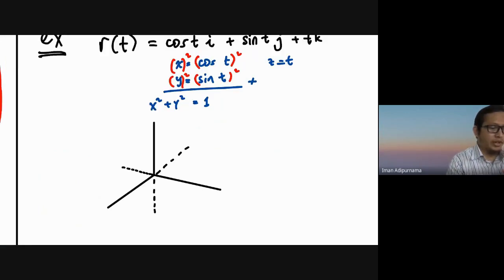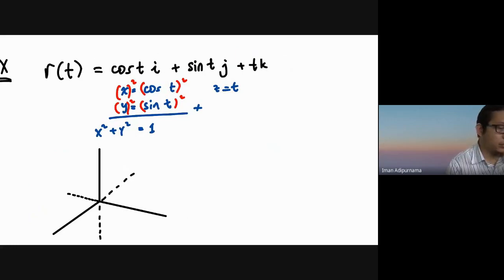Now, because we have cosine, sine, and then we have t, we need to decide on some values of t. And to try some t, you can use the trigonometric values. So maybe we can try 0, pi/2, pi, 3/2 pi, and then check with the parametric equations. And you can check others.